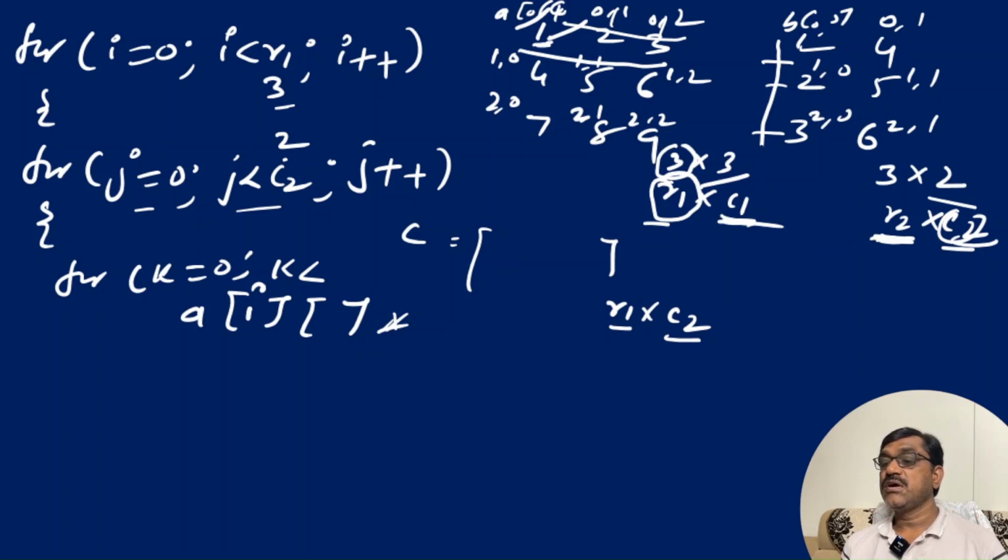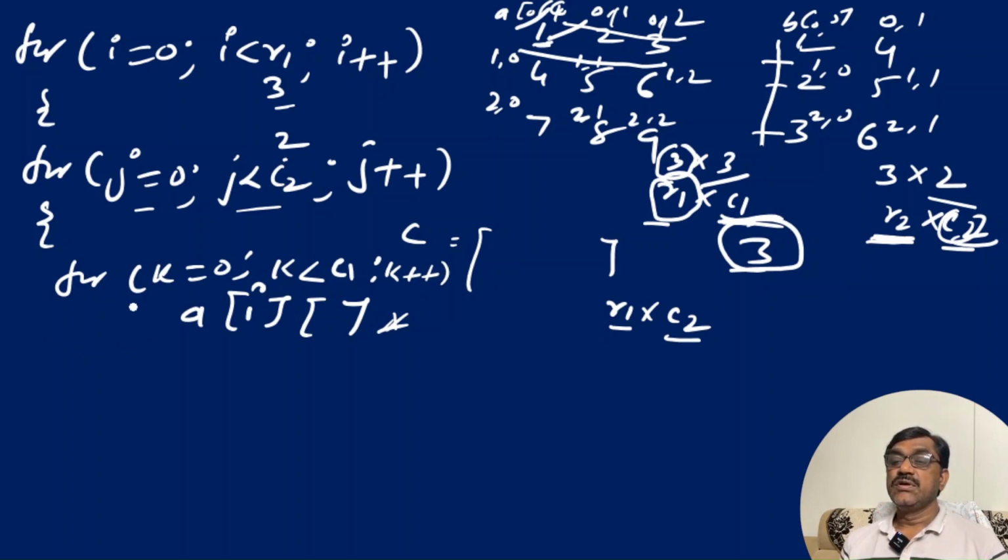In this case, C1 and R2 is 3. So simply remember that for C1 and R2 in multiplication, we have to take another for loop, that is k. Here you can use either C1 or R2. Both are valid.